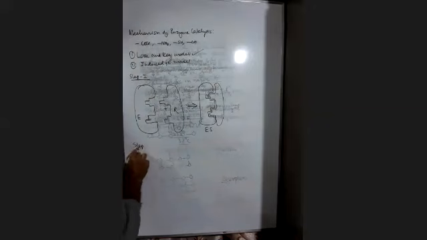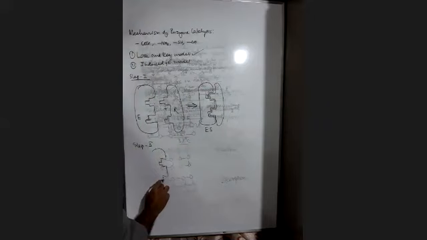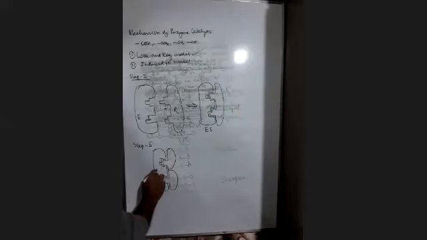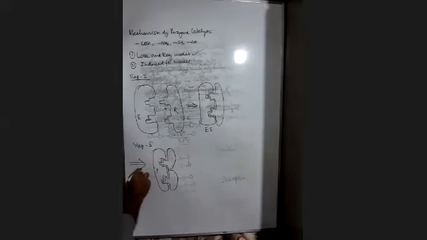In step 2, what will happen? Don't laugh at my drawing. See here. Now, they are separated. So ES will now become EP.